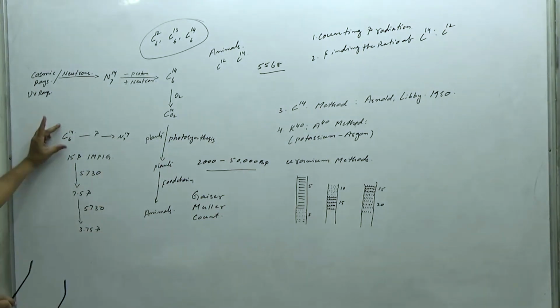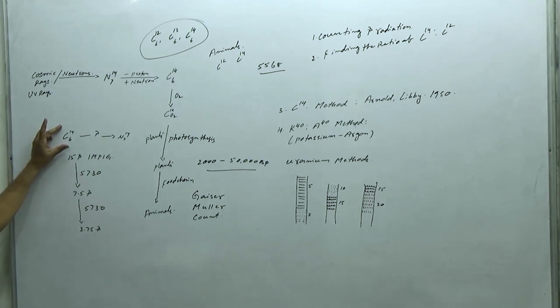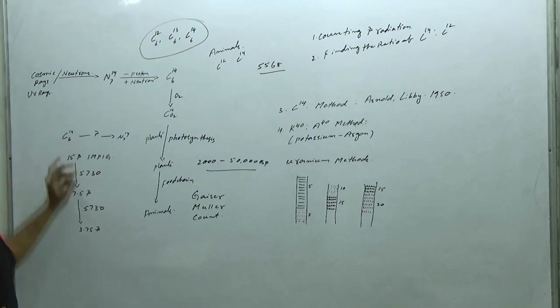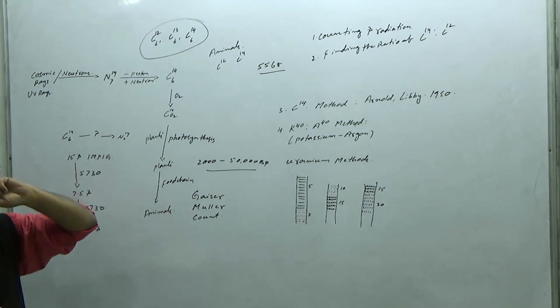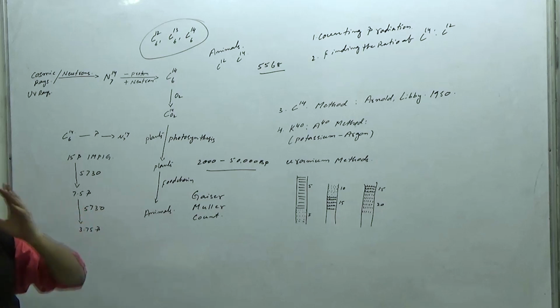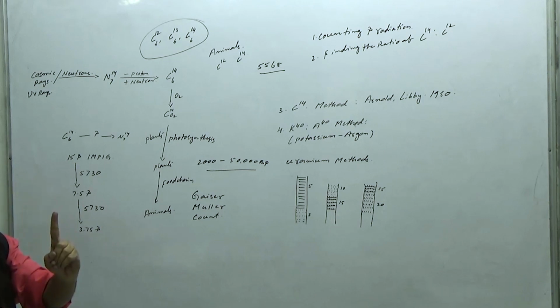Generally, C14 releases 15 beta radiations if it is a fresh one. If it just died today, that bone releases 15 beta radiations per minute, per 1 gram.